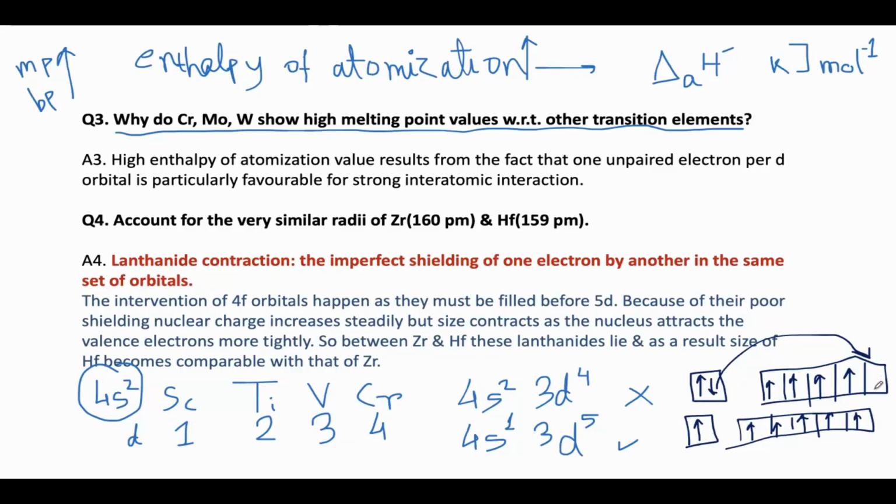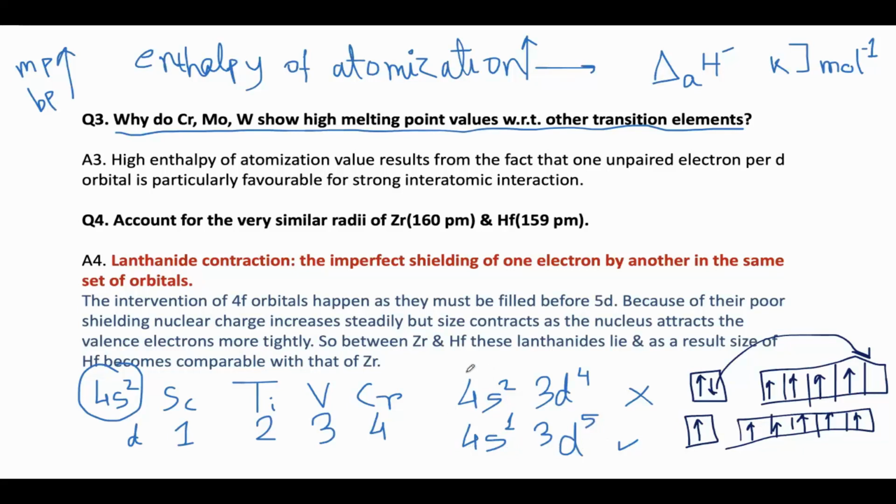But in turn, this configuration gives some extra stability, because you have this 4s1 that is half filled. The half filled is as stable as the full filled, and now we have this 3d5 that is also half filled. So both these half filled stabilities will be much more than this alone full filled stability. So in this configuration, we have just the full filled stability, but in the latter case, we have the half filled and the half filled stability.